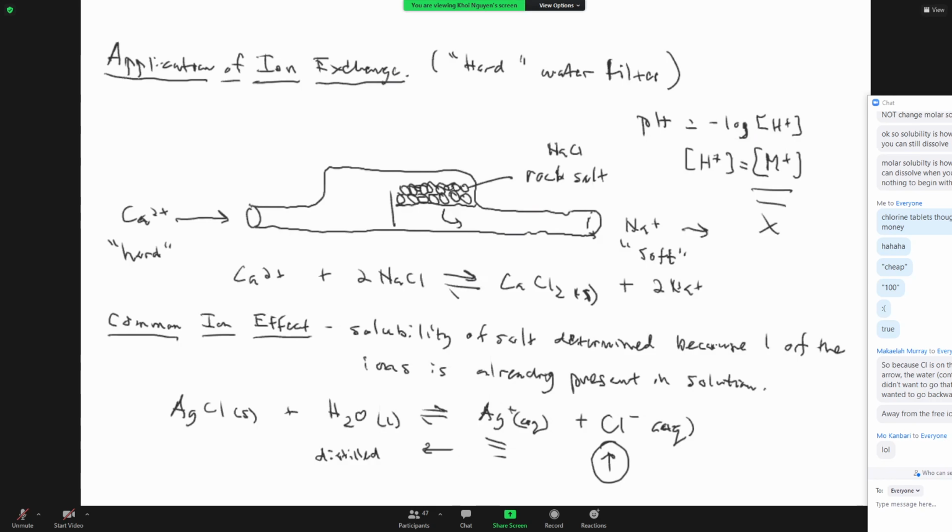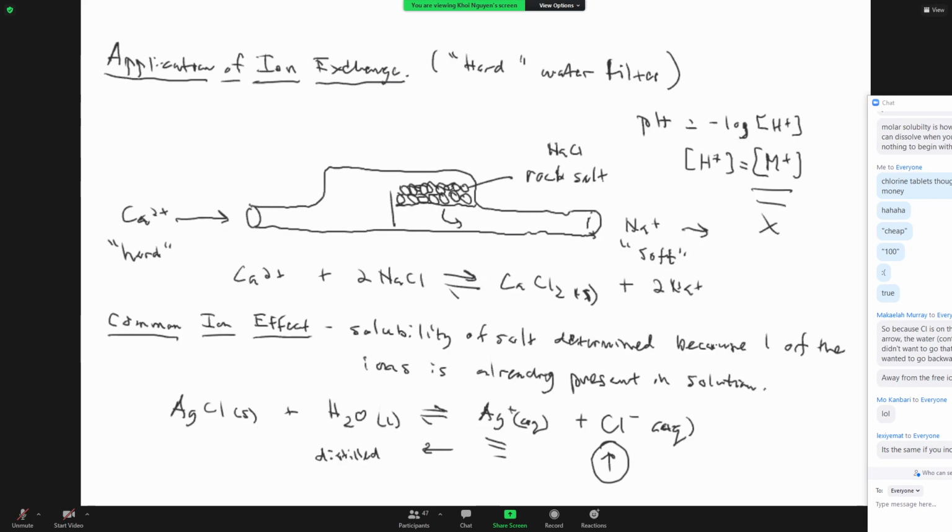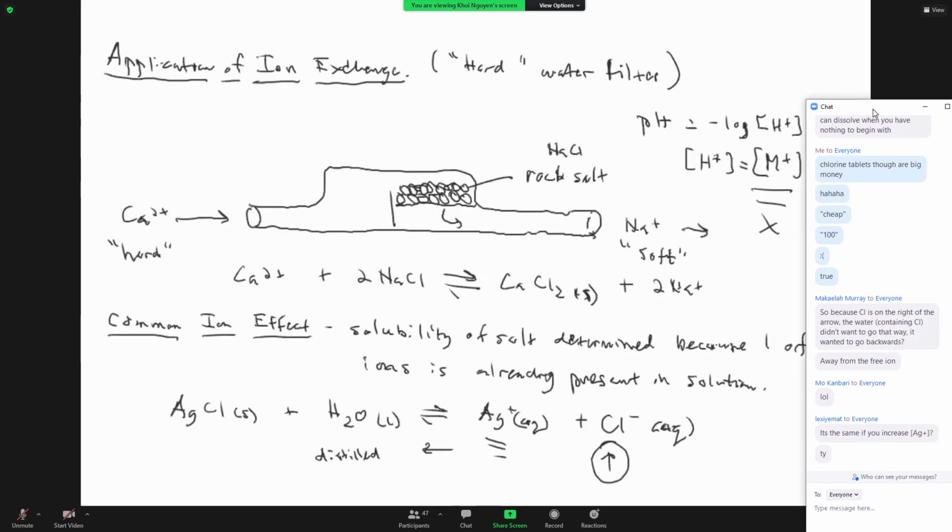But yeah, then I just disposed of the chlorine gas through a fume hood. Collected it, dissolved through fume hood, should be okay. It's the same if you increase, correct, though that is much harder to come by, Lexi. How much dissolved silver do you have lying around?